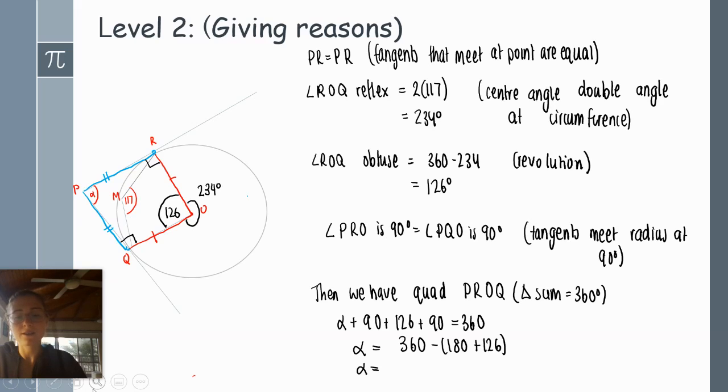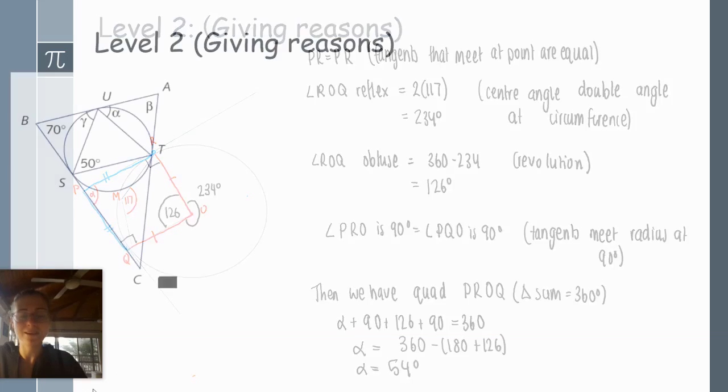So alpha, let's do the calculation. What should we get here? Final answer, 54 degrees. I hope that is correct.